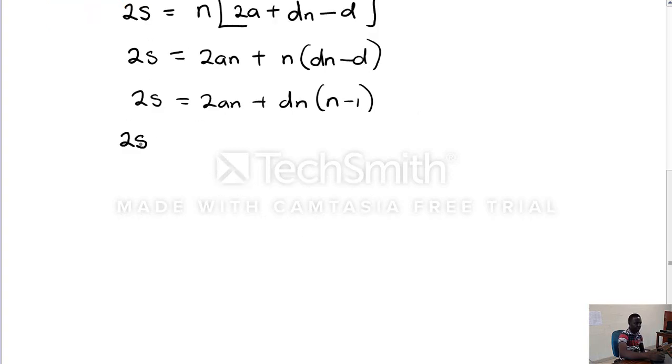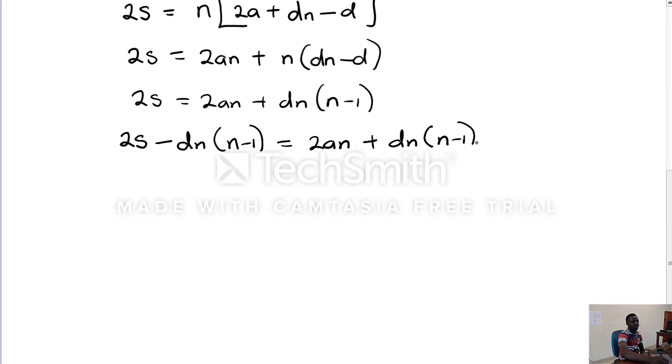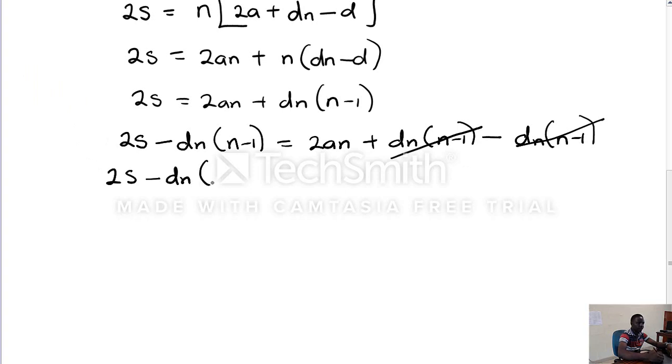That will give me 2s minus dn into bracket n minus 1 is equal to 2an plus dn into bracket n minus 1 minus dn into bracket n minus 1, of which positive this will subtract negative this, making it equal to 0, and this becomes 2s minus dn into n minus 1 is equal to 2an.